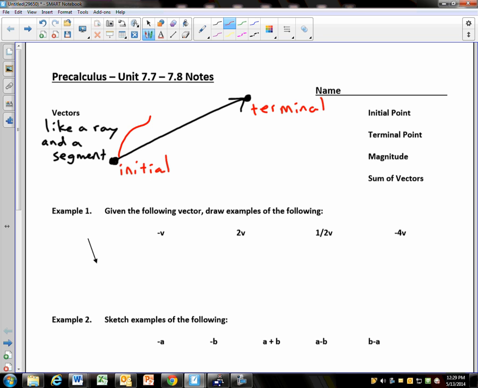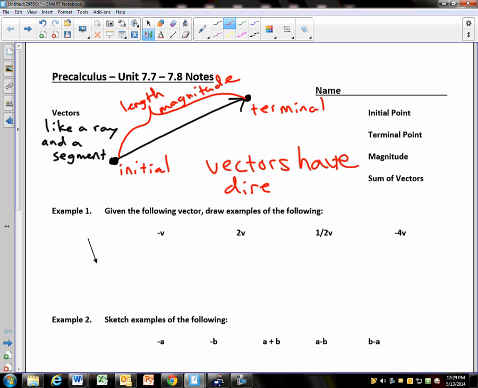The length of this vector could really also be stated to be the magnitude or the force. Last thing I'll say is vectors have direction. Super important.